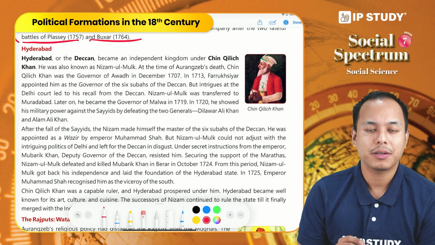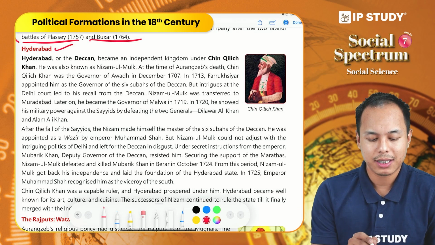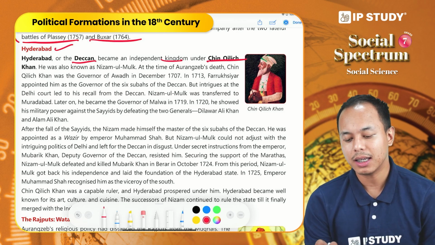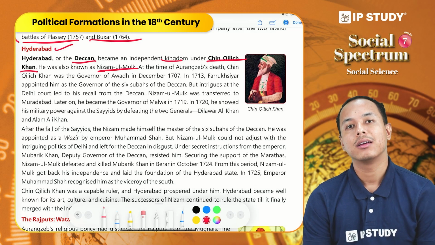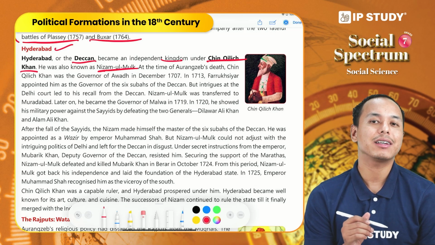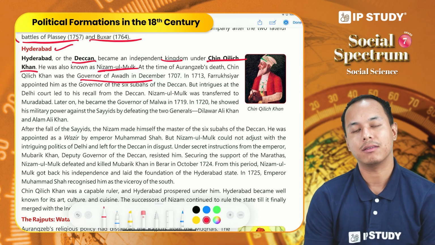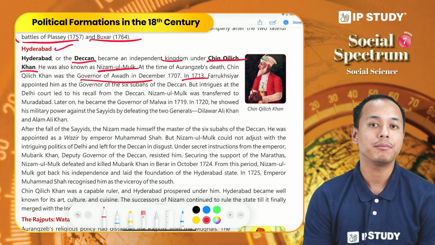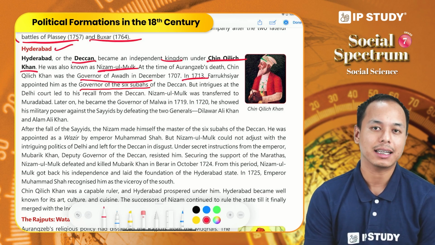So now after Bengal, let us discuss Hyderabad. Hyderabad, or we can say the Deccan, became an independent kingdom under Chin Qilich Khan, or Nizam-ul-Mulk. When Aurangzeb died in 1707, Nizam-ul-Mulk was then the governor of Awadh. In 1713, Farrukhsiyar made him the governor of the Deccan.